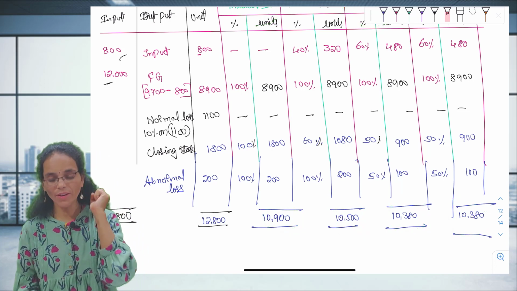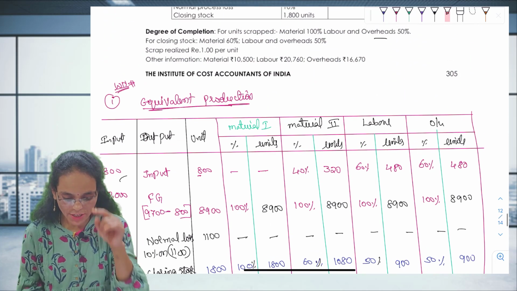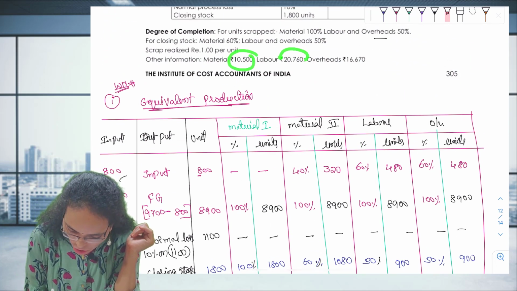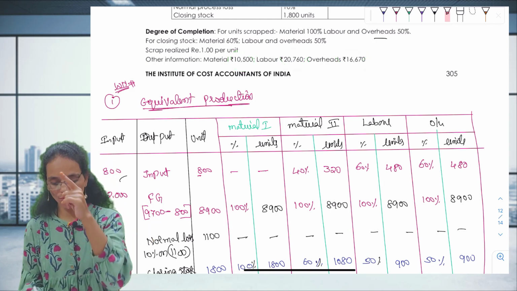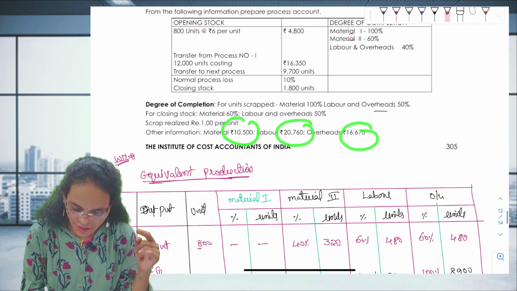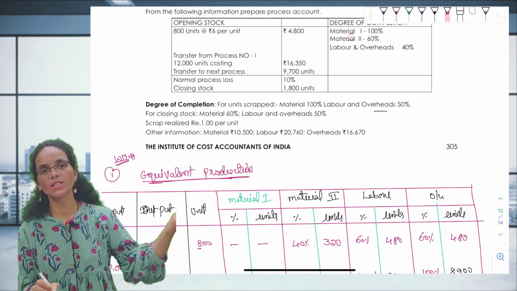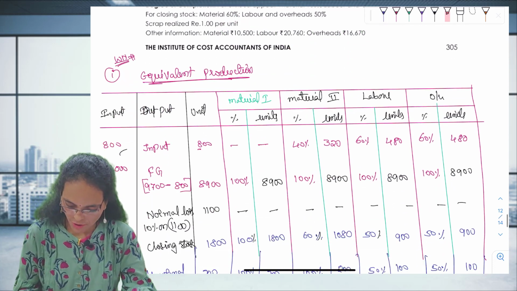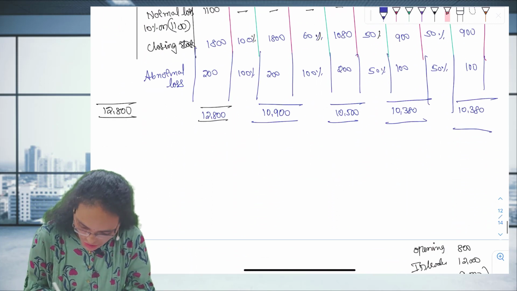So these are the equivalent number of units. This is the cost incurred for material 2, labor and overhead. And for material 1, the cost which has been transferred from the previous process. So now we need to find out what the cost per unit is.